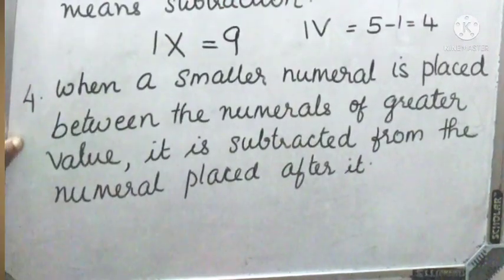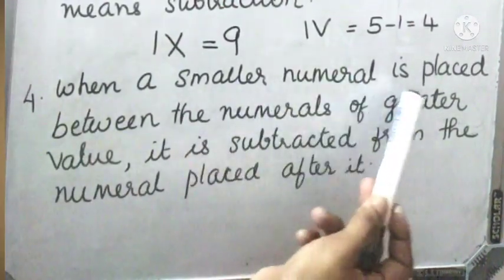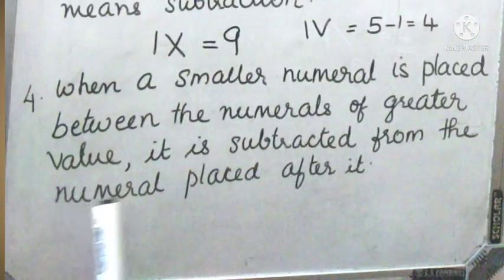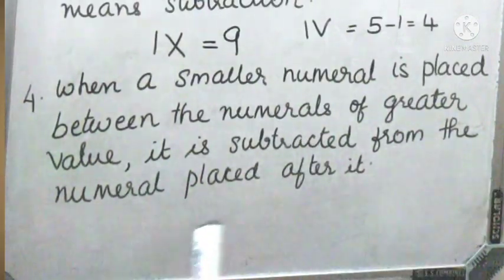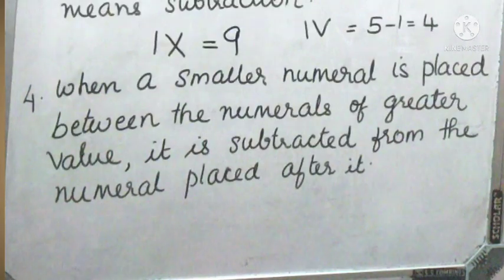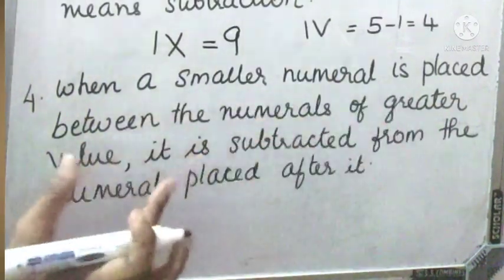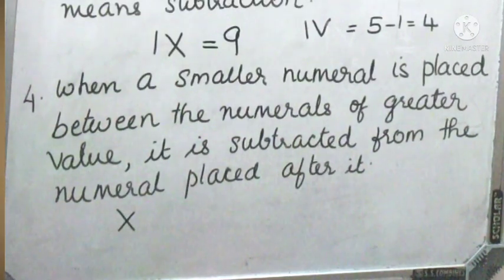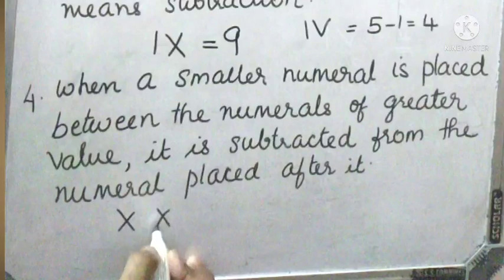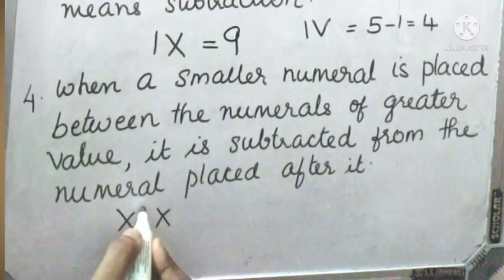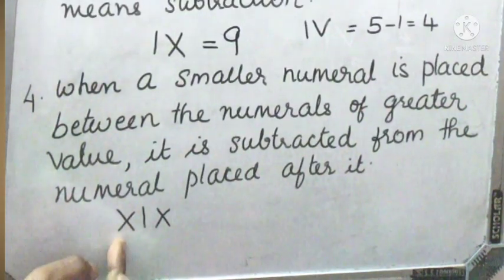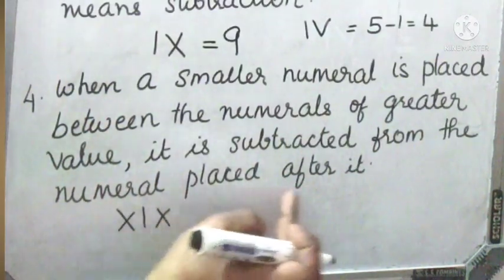Rule number 4. When a smaller numeral is placed between the numerals of greater value, it is subtracted from the numeral placed after it. You understand? That is, when a smaller numeral is placed between numerals of greater value, this is a numeral of greater value, and this is a numeral of greater value.